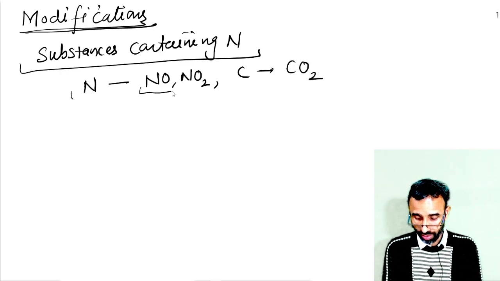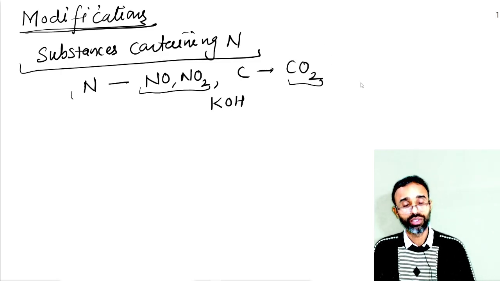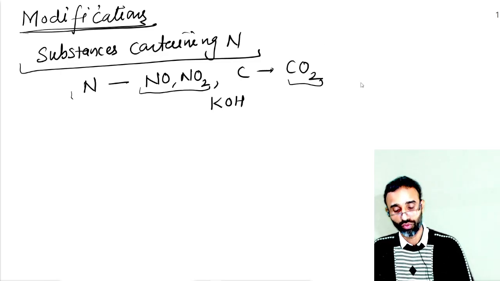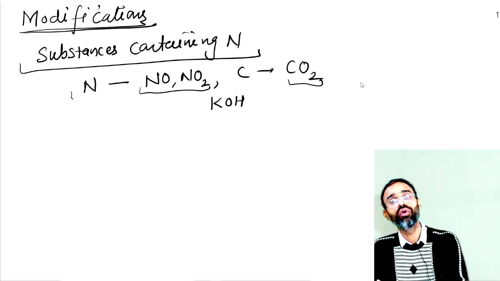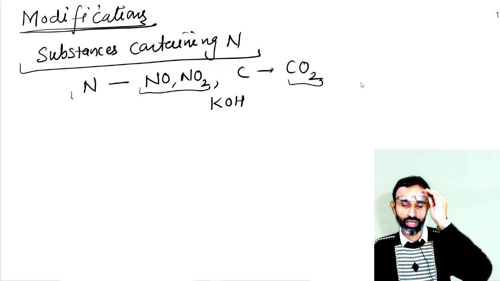So they are also absorbed in KOH along with CO2. That means we have to eliminate NO and NO2, so that they do not go to the KOH tube.